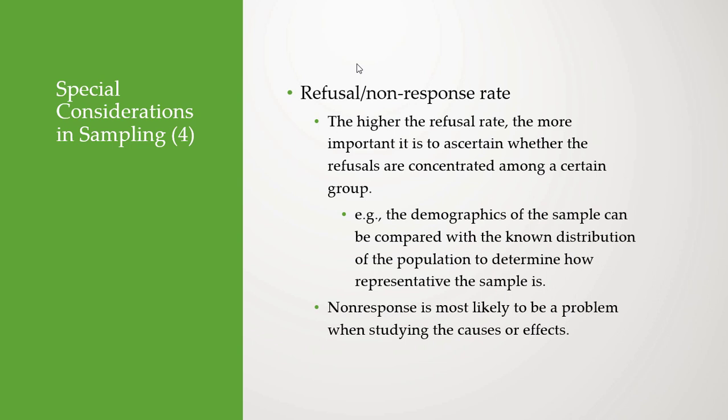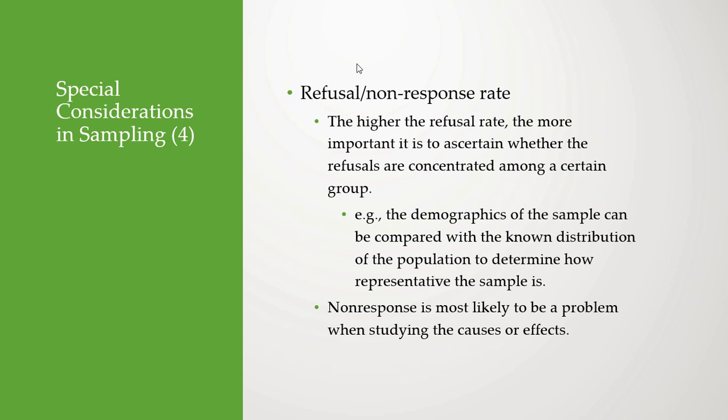The last point of today's discussion is about refusal or non-response cases. Non-response is a common problem in all kinds of survey studies, but it's especially severe for online surveys.